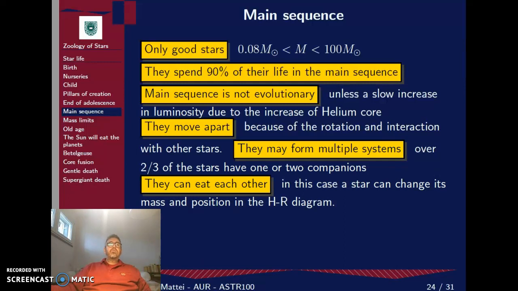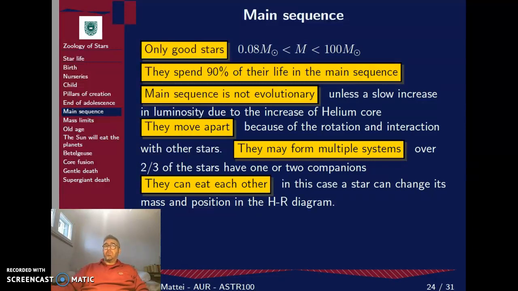So just to resume, in the main sequence we have only stars in between 0.08 solar masses and 100 solar masses. And 90% of stars' life is in the main sequence. The main sequence then is not evolutionary, so from top left to bottom right, the stars do not move until they die. Once they are produced, the stars do not stay there.